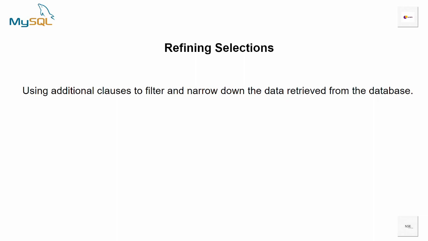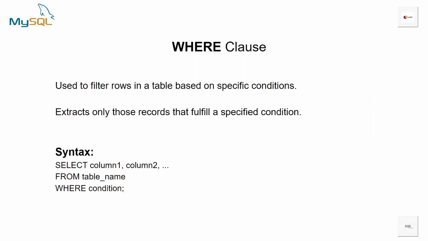We went on to talk about some of these clauses, like the distinct clause, the order by clause, and so on. Today we are going to talk about the where clause.